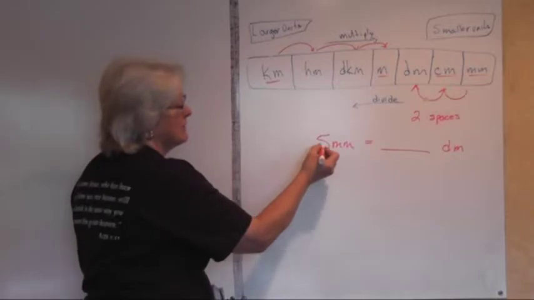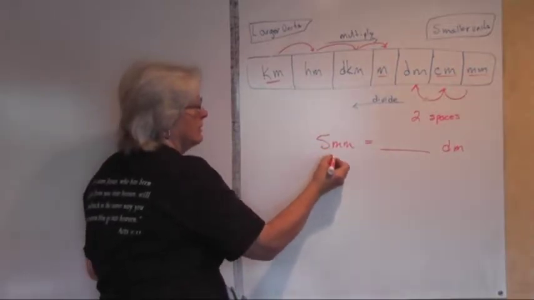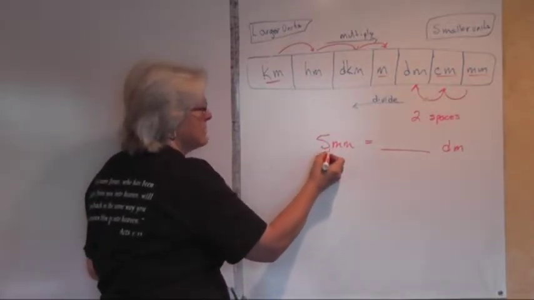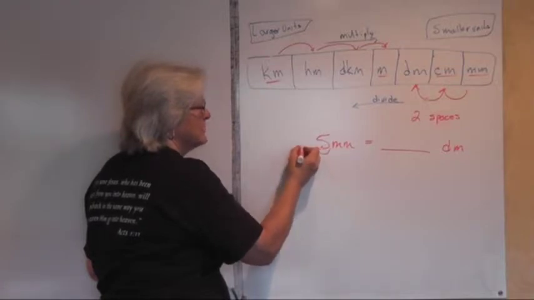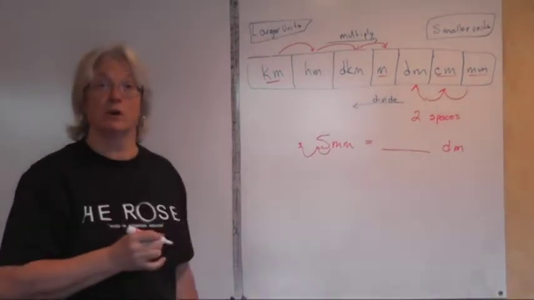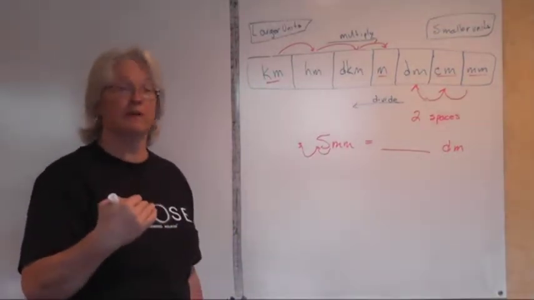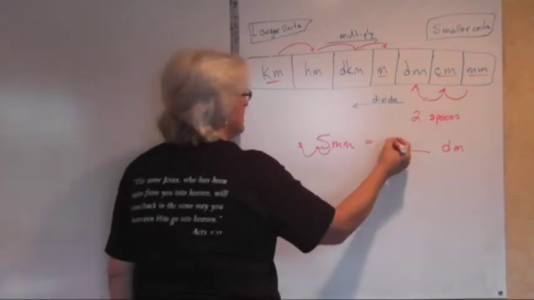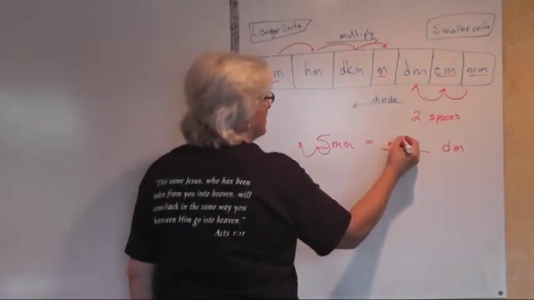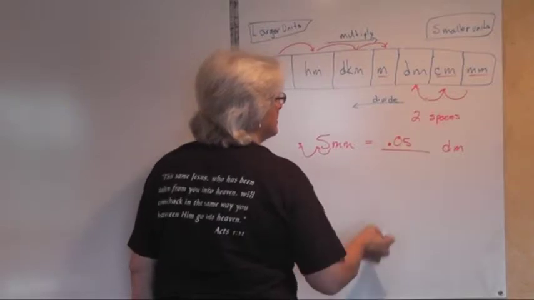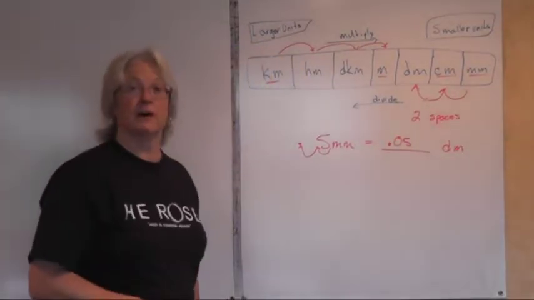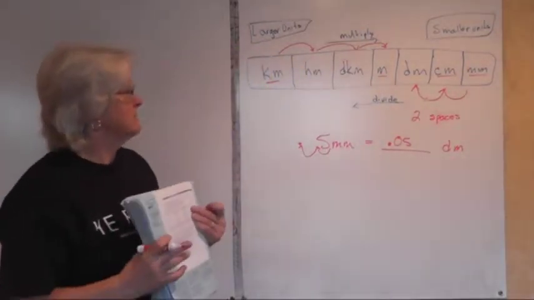It's right here. We have to move it 2 spaces to the left. Remember, we have to add a 0 into that tens place. So 5 millimeters is the same as 0.05 decimeters.